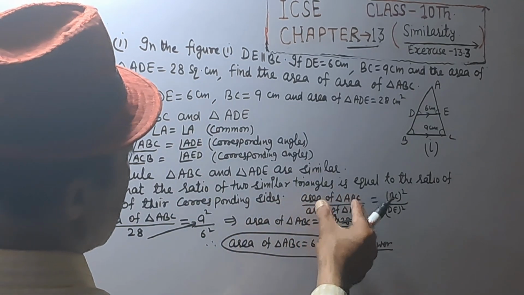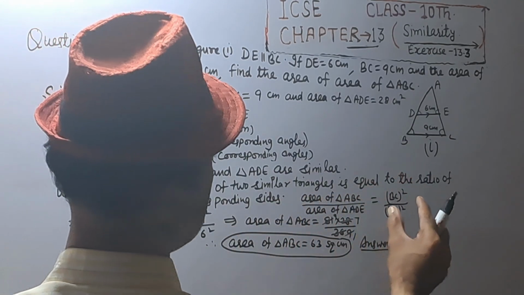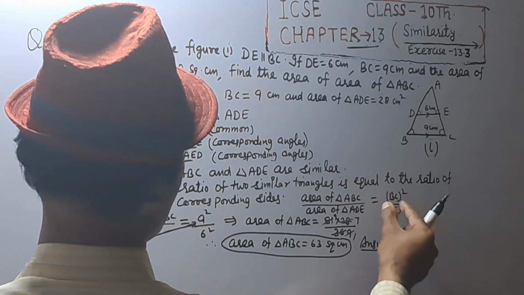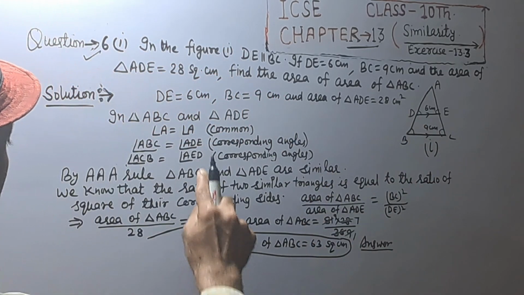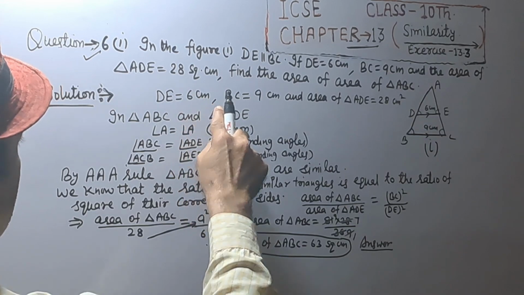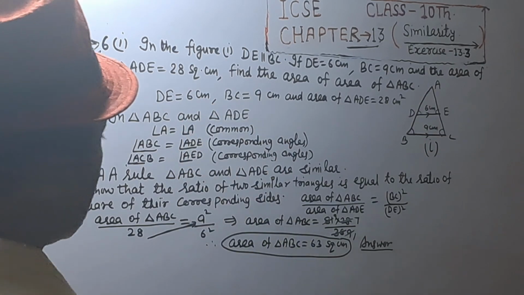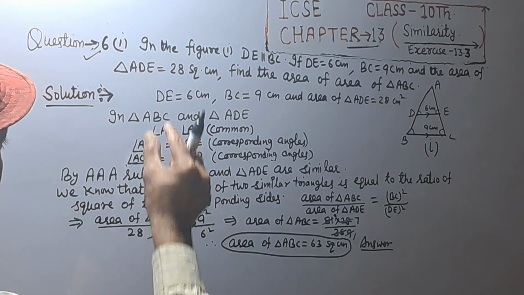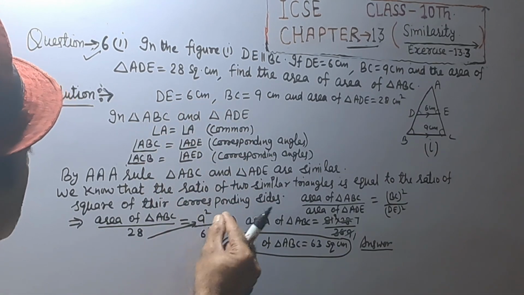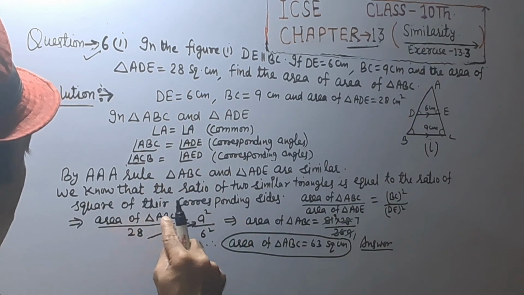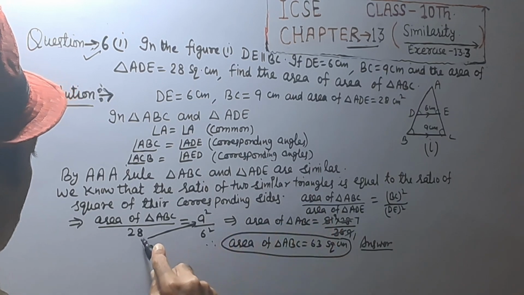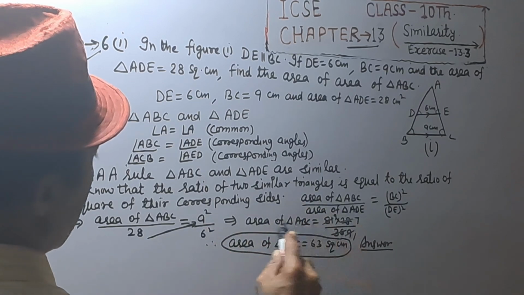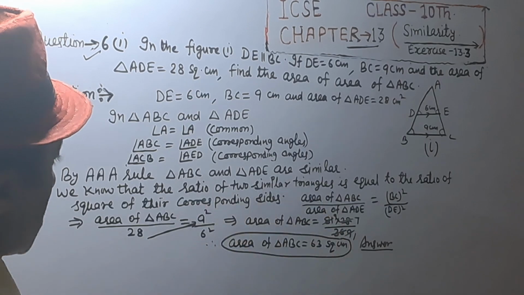That is, area of triangle ABC upon area of triangle ADE is equal to corresponding sides BC square upon DE square, and we have given BC is equal to 9 centimeter, 9 raised to power 2, and DE is equal to 6 centimeter, 6 raised to power 2. Area of triangle ABC is equal to 28 multiplied by 81 divided by 36.